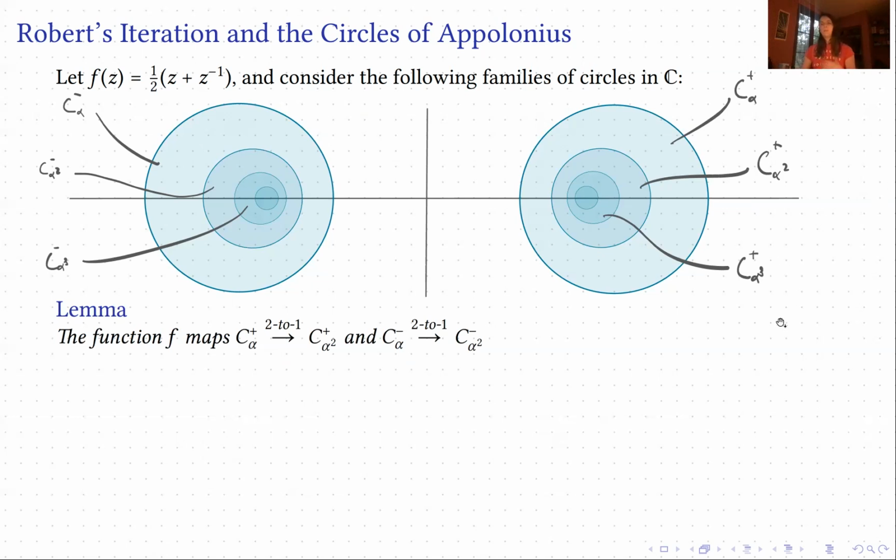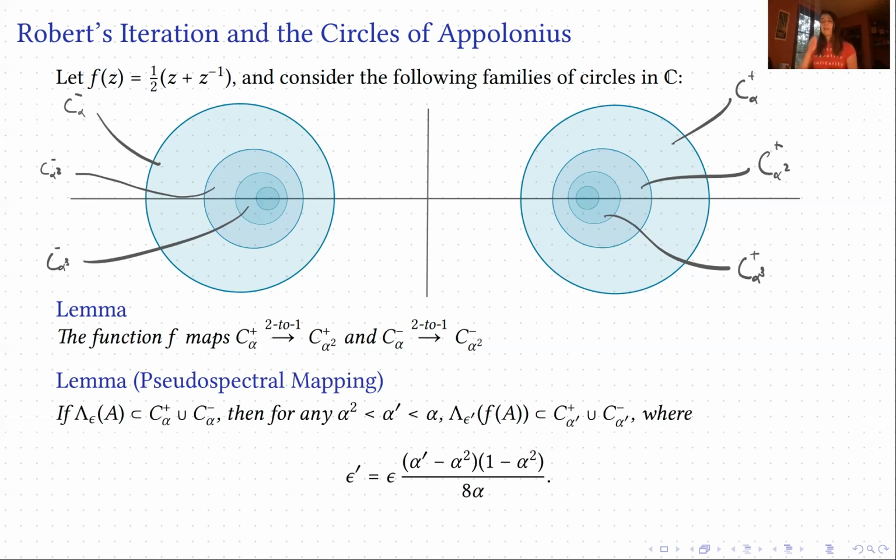So this is all well and good, but remember that we needed a robust version of this convergence that says if you make some small perturbations in between every application of the function f, you still get convergence of the eigenvalues in the desired way. So the key step in our argument was to show a pseudospectral version of this result.